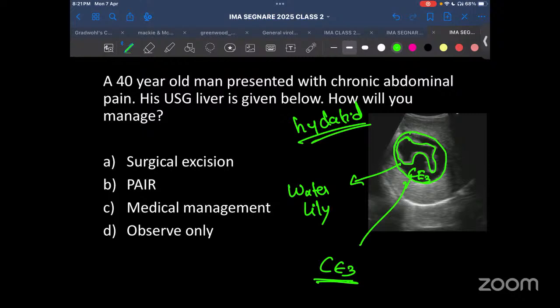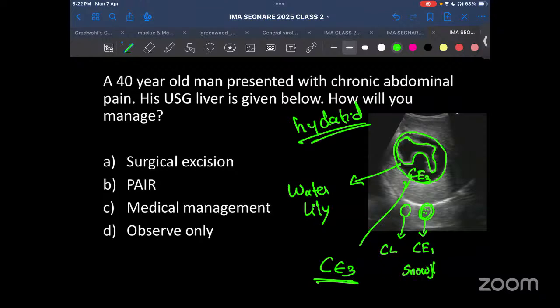Now, if we see only a cystic lesion with no cyst wall, that we call CL. Now, if we see a cyst wall with internal echoes, that is CE1, and it looks like a snowflake.